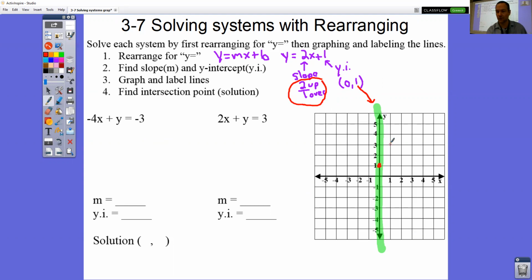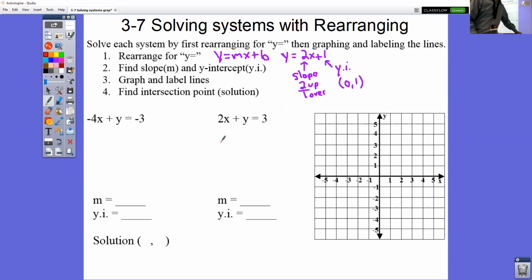So we would go up 2 over 1, up 2 over 1, connect your dots, and put your arrows on the ends of your line and label your line. But that's just an example of how to graph lines. Today, what we have to do first is rearrange the equations for y equals, just like yesterday.